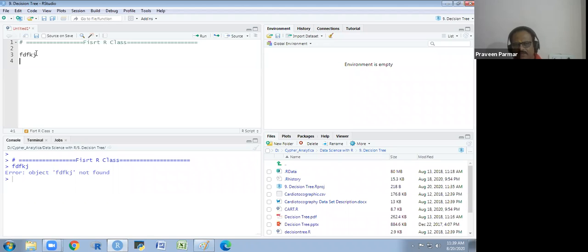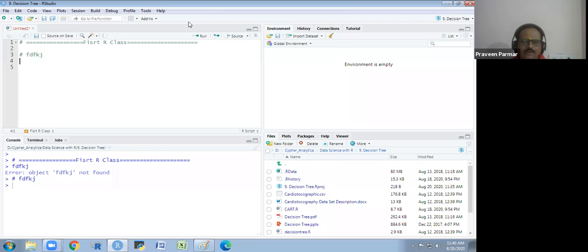It could not recognize it. So it will say the object FD, FKJ not found. But if I use the hash and then select and run it, it will not give me any error, because R is not using its mind to read this. It just prints it. Understand?